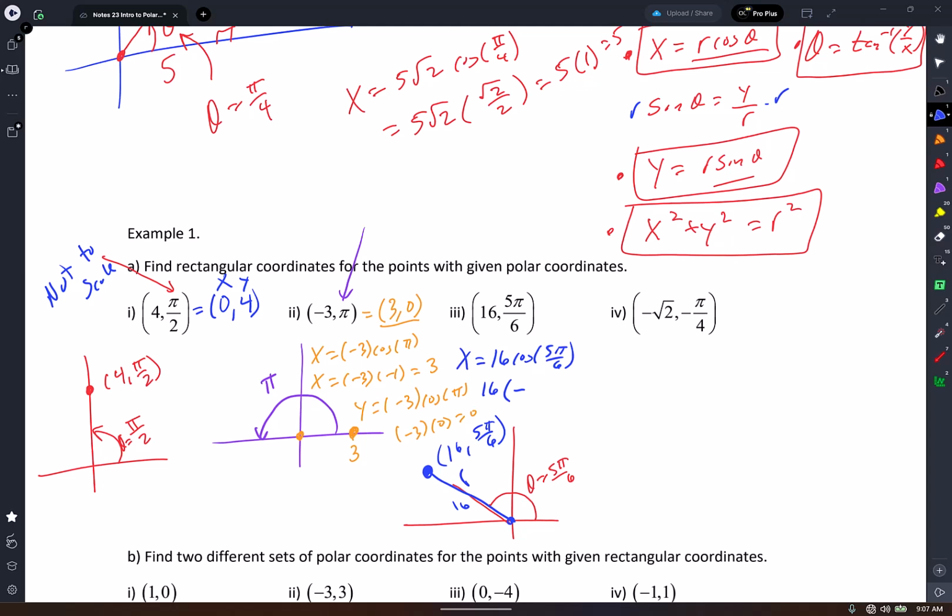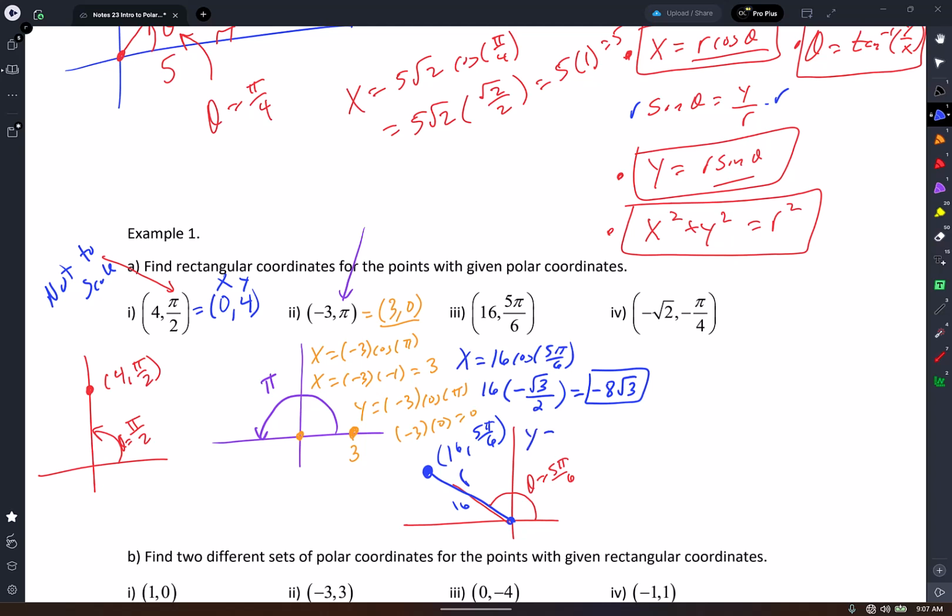There's 3 of you. Surely one of you. Yeah, square root of what? There you go. What's half of 16? 8. So put a negative in the front. -8 square root of 3. That's my x coordinate.